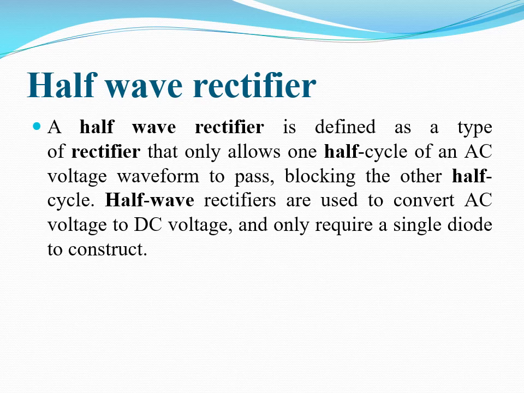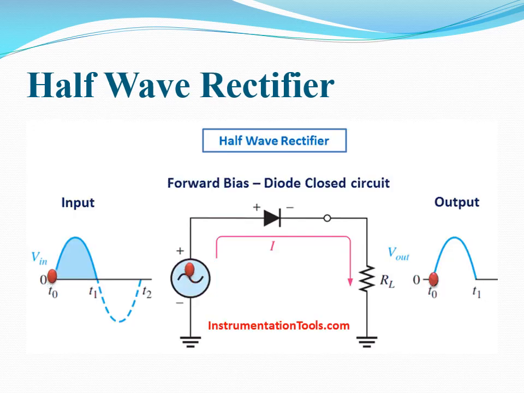So this is the circuit diagram of the half-wave rectifier. It will only work for the positive half cycle. When your input has a positive half cycle, the diode will work. But for the negative half cycle, the diode will not work because of reverse biasing. So this is the main drawback, that it gives output for only half a cycle.